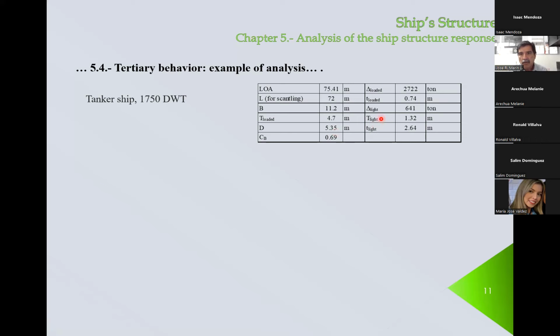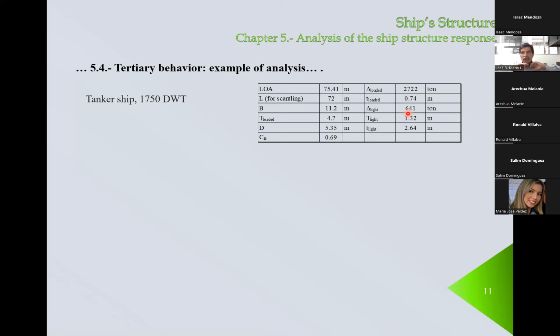Now, let's go on. Here I have the light ship. Remember that when you do inclining experiment, one of the things that you try to determine is the condition at light ship. So you do calculations and finally you consider that the ship is just steel and machinery. That's all.